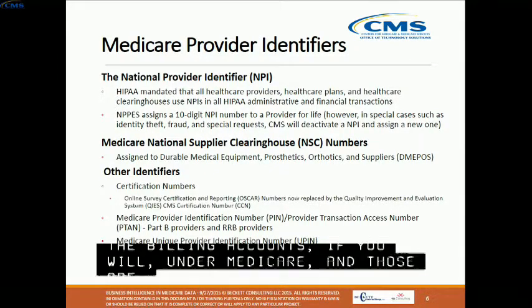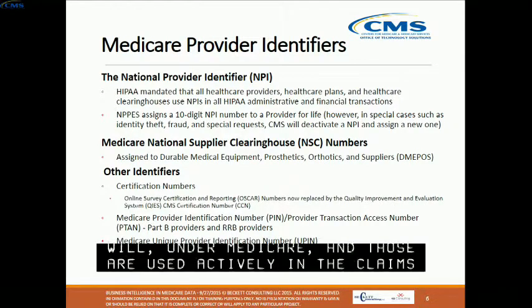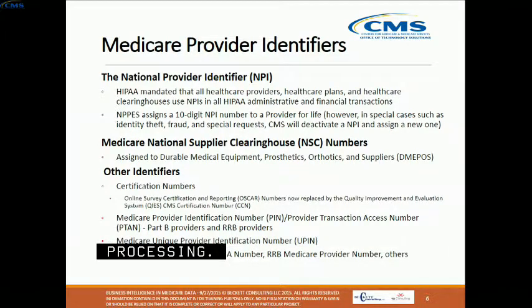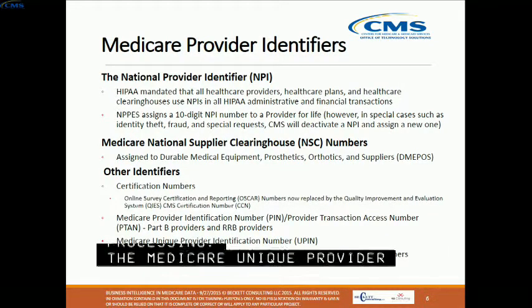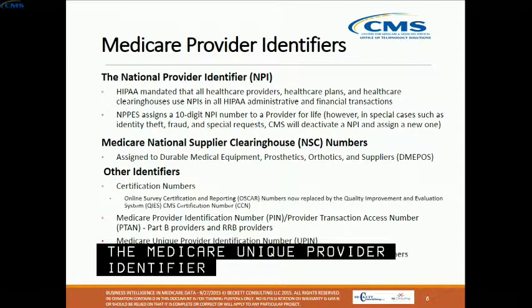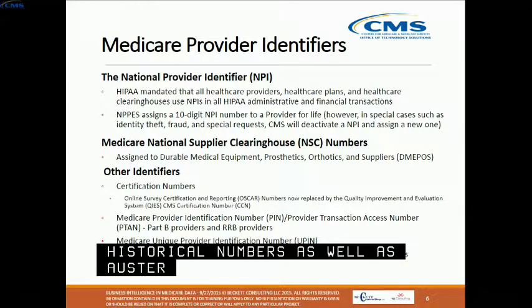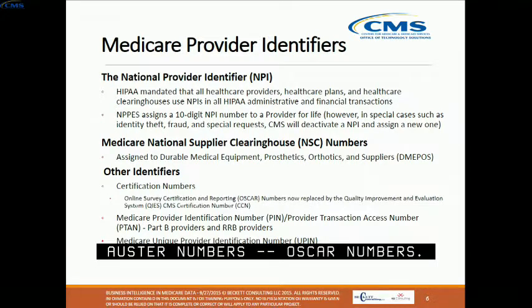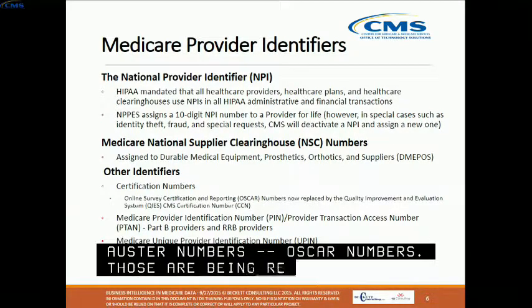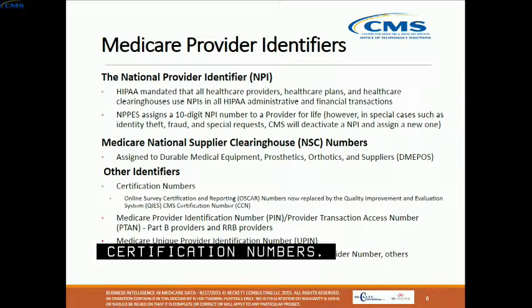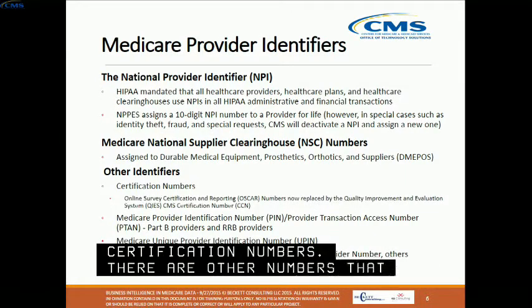The UPINs, the Medicare Unique Provider Identifier numbers, are historical numbers, as well as the OSCAR numbers, for example, as we talked about up above here. OSCAR numbers are actually being replaced by the CMS certification numbers. And then there are CLIA numbers that deal with laboratories, FDA numbers, DEA numbers, Railroad Retirement Board numbers, and a whole bunch of others.